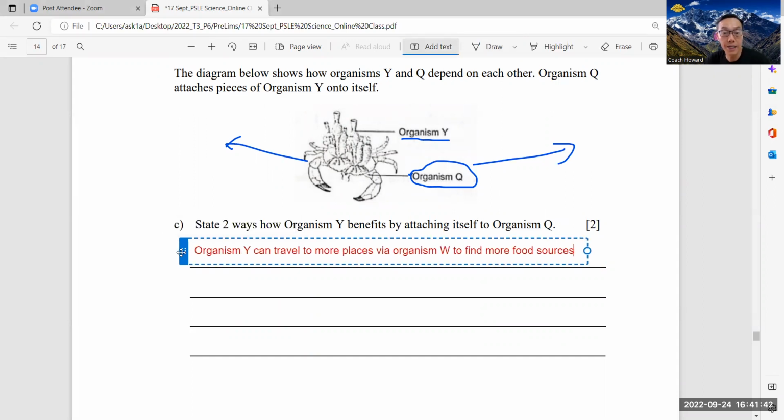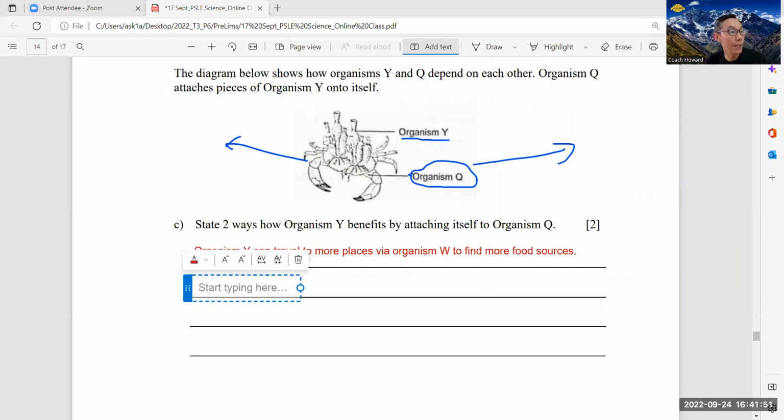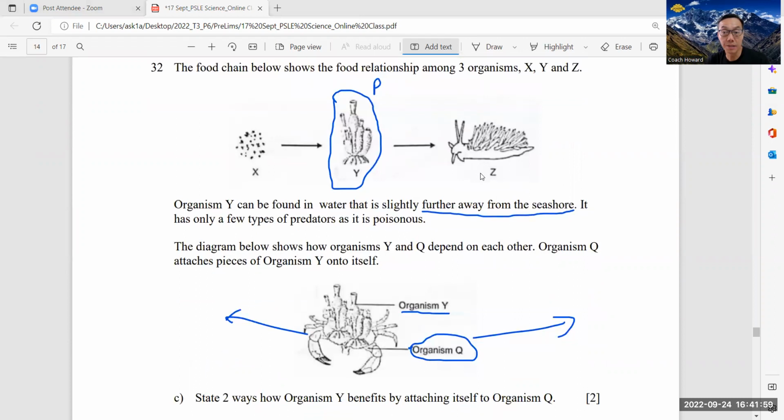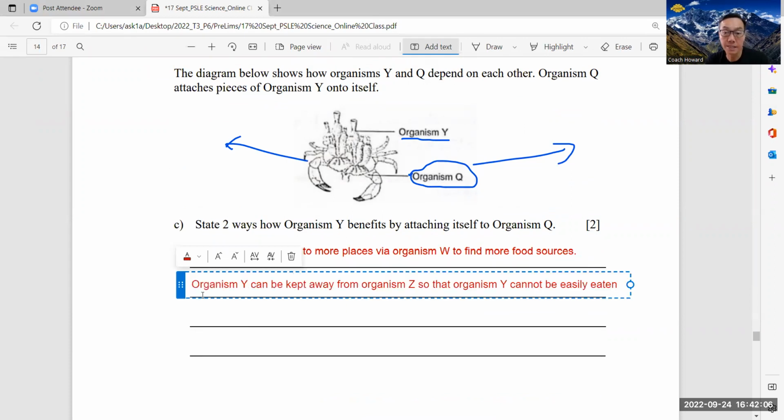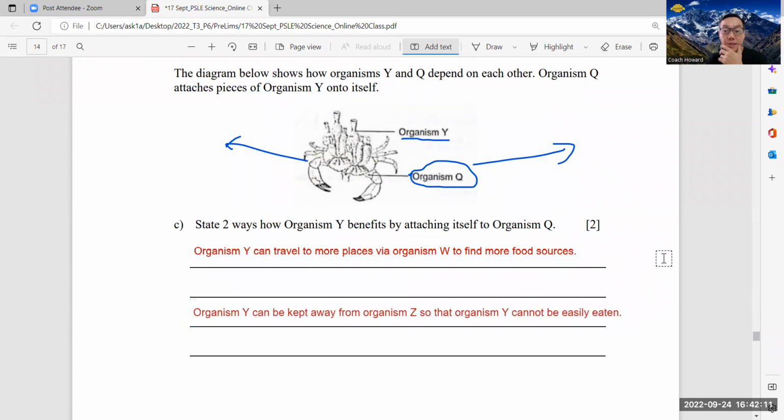Organism Y can travel to more places by using organism Q to find more food sources. And secondly, organism Y can be kept away from organism Z, because you see organism Z is the one which eats Y. By staying on the crab, the crab acts like a defender. So organism Y can be kept away from organism Z so that organism Y cannot be easily eaten.